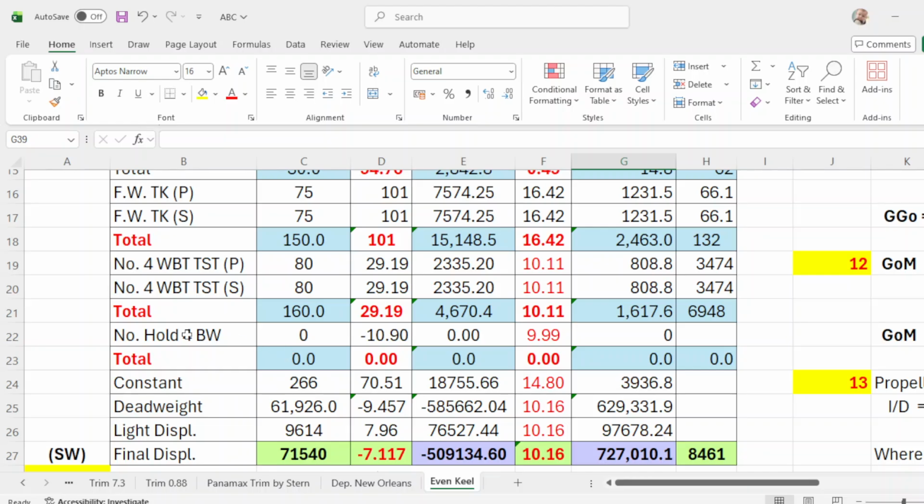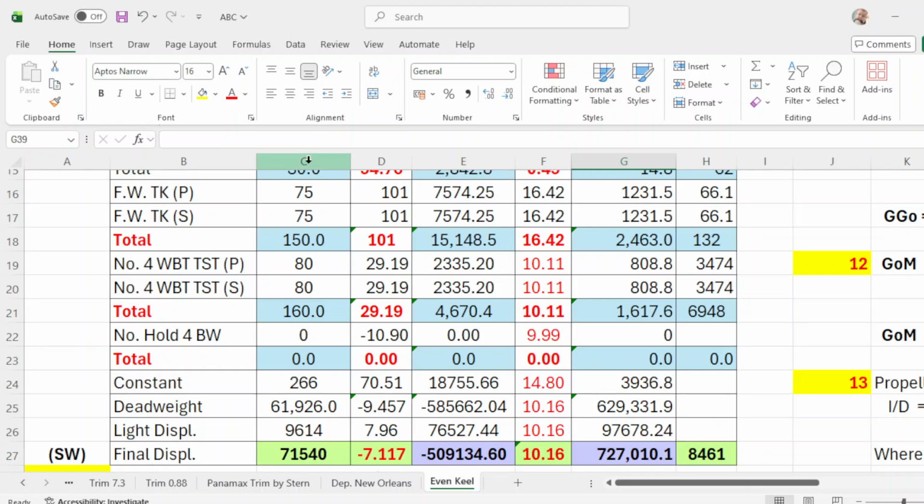Then hold number 4 empty, and your constant, ship's vessel constant, is 266 multiplied by the LCG. This will be the LCG moment, times the kg of vessel, kg of 1480. This will be the vertical moment, and no free surface.